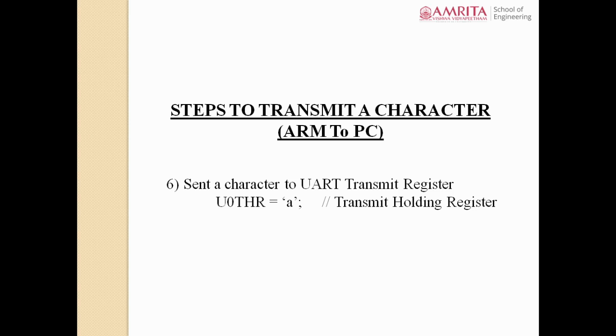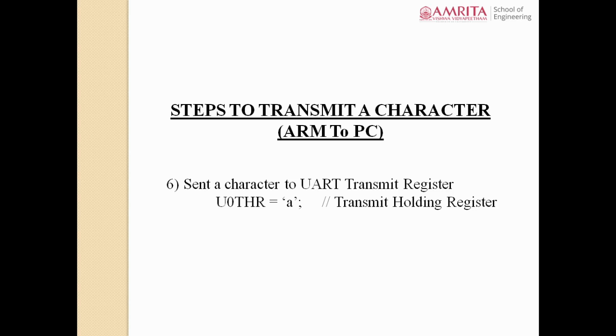This baud rate generator will be generating the clock to the parallel to serial shift register in order to perform the parallel to serial conversion, right? So this parallel to serial shift register is a basic unit which performs the conversion of parallel data, or 8-bit data, to its serial form, right?